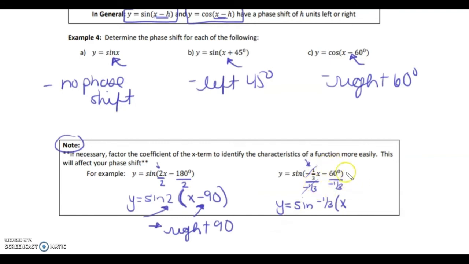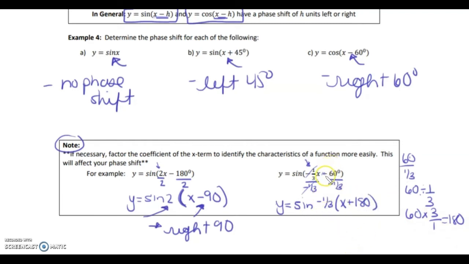Now, if you have trouble with this one, take it to the side of your paper. We're doing 60 divided by 1/3. This negative and this negative cancel, so it's actually going to be positive. What's 60 divided by 1/3? We put it beside each other, and we know we can't divide fractions, so let's multiply by the reciprocal. 60 times 3, I get 180.